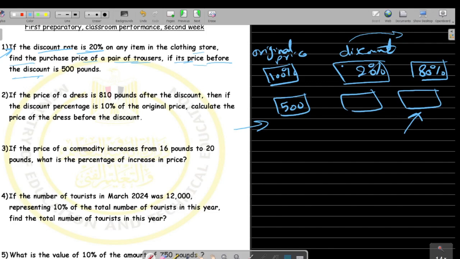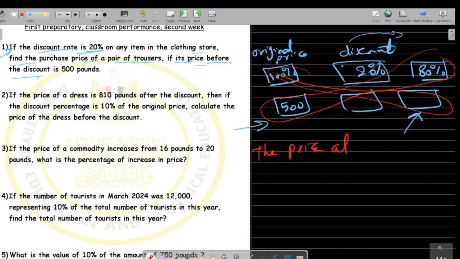So now let's do extremes to get the answer. We write now the price after discount equals x, which equals 500 times 80% divided by 100%.